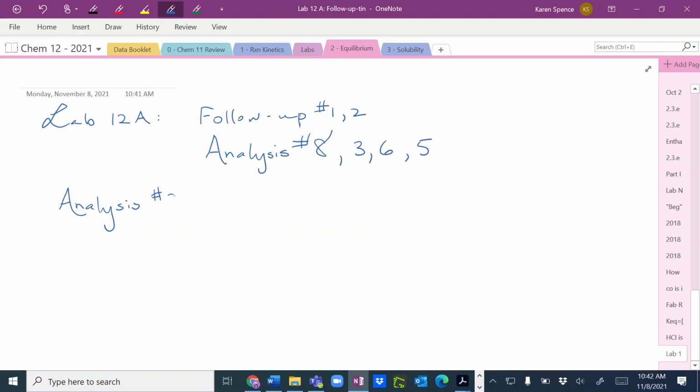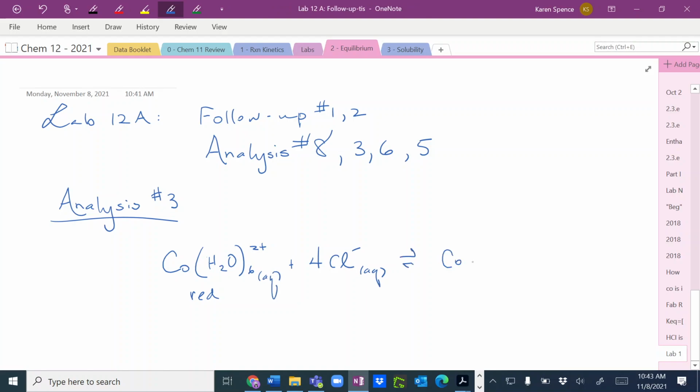Analysis number 3 says if the hydrated cobalt-2 ion complex were refrigerated, and that would be this equilibrium where we have Co(H2O)6 2+, which is red, plus 4 Cl minus, in equilibrium with CoCl4 2- aqueous plus 6 H2O liquid, and this one is blue.